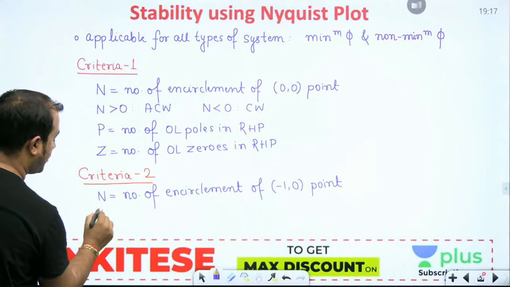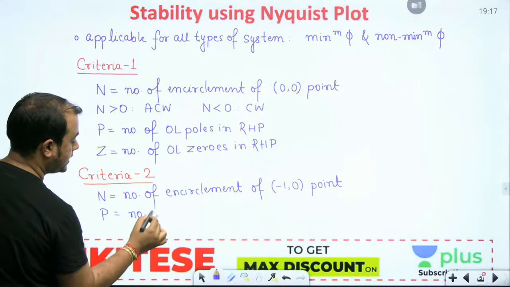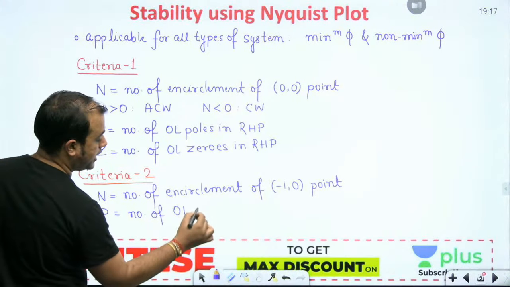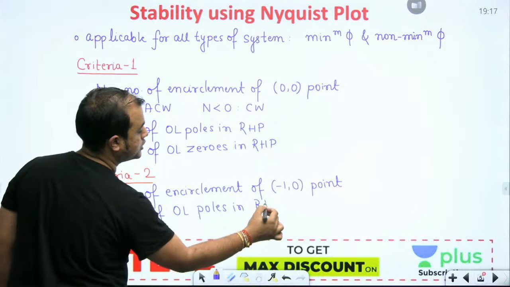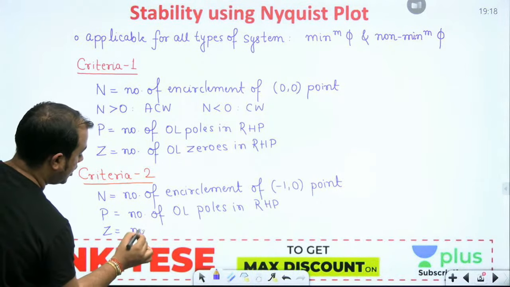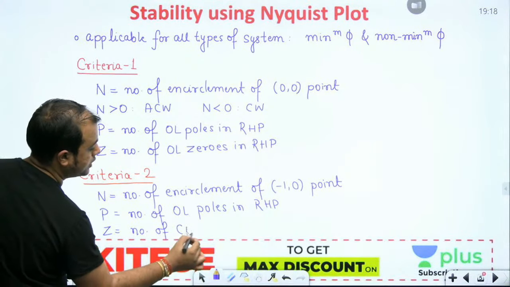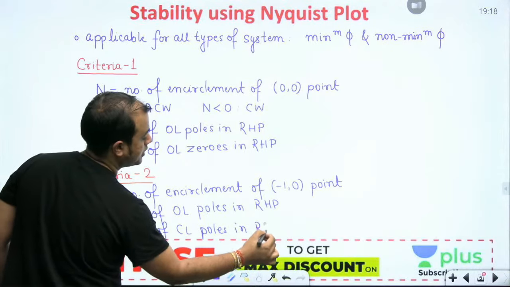Again, N is positive for anti-clockwise encirclement and negative for clockwise encirclement. The definition of P remains the same, the number of open loop poles in RHP, but the definition of Z is now the number of closed loop poles in RHP.